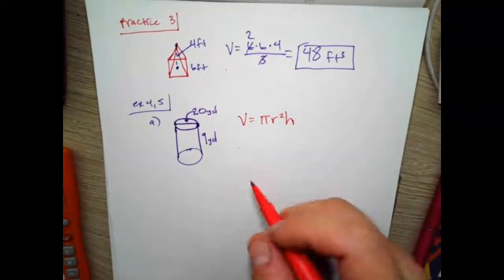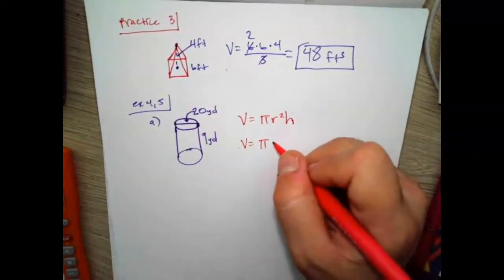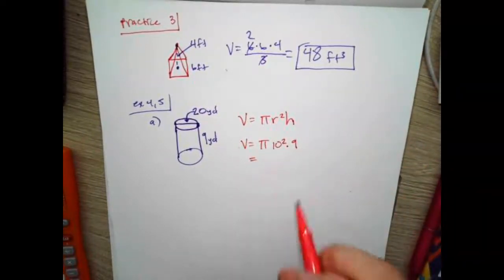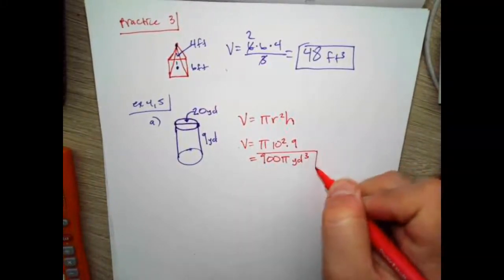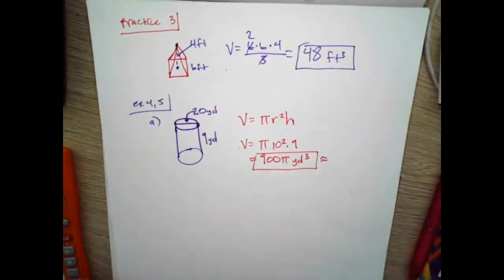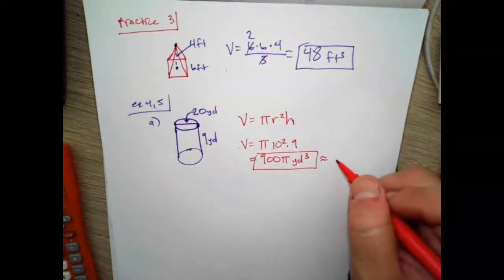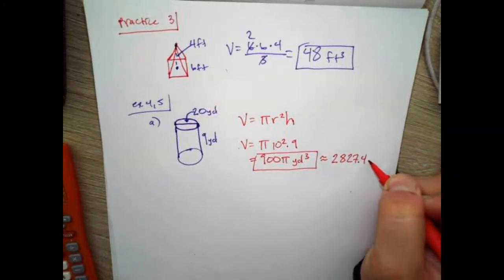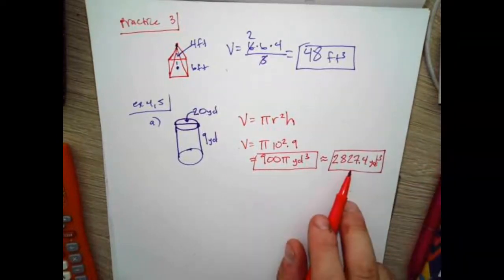So in this one the volume is pi times the radius, which is 10 since the diameter is 20, times the height, 9. So 10 squared is 100 times 9, that's 900 pi cubic yards. And then 900 times pi, well, we can just calculate that real quick: 2,827.4 cubic yards. So remember, answer in terms of pi, and then the decimal answer.